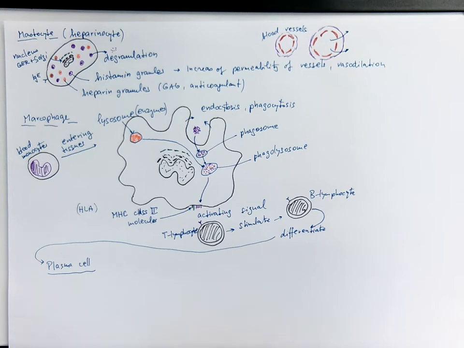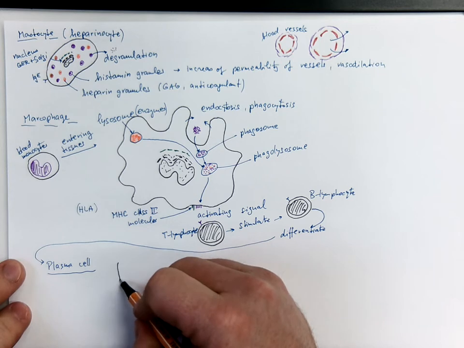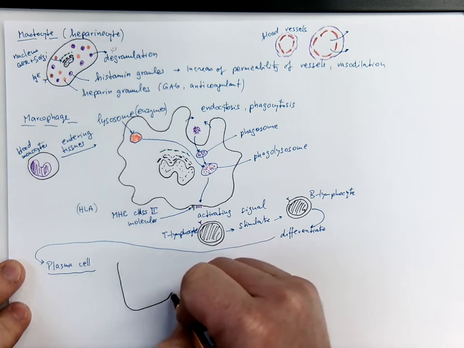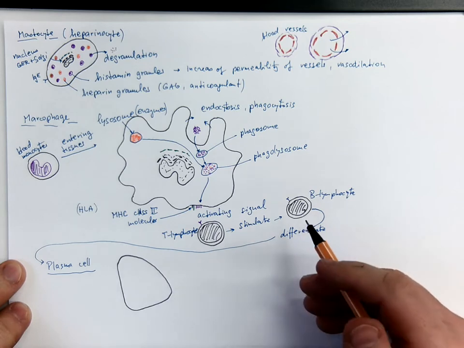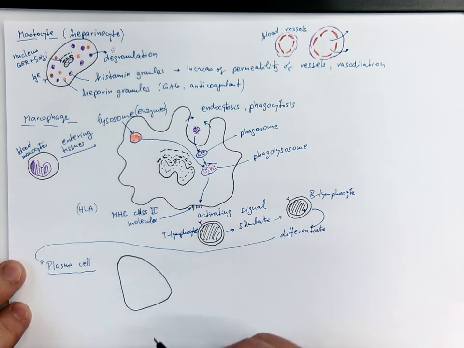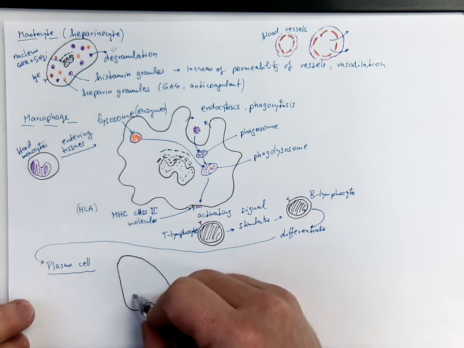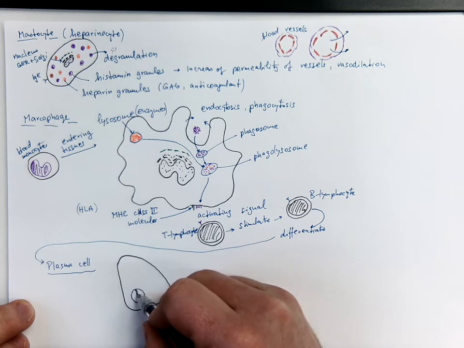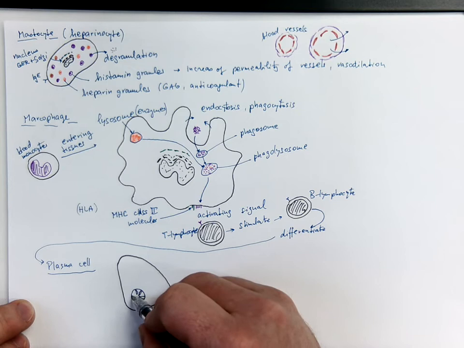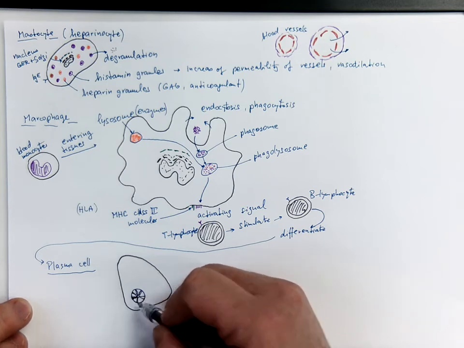A plasma cell is the producer of immunoglobulins. That's the major effector mechanism of so-called humoral immunity mediated by antibodies. The nucleus is found in an eccentric position, and the distribution of the chromatin is characteristic. It's called a clock face or cartwheel chromatin.